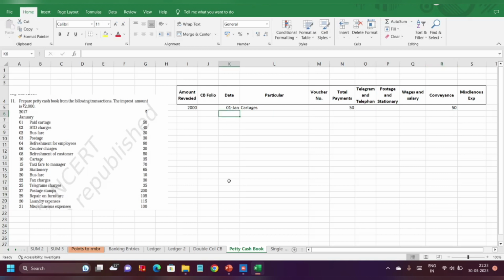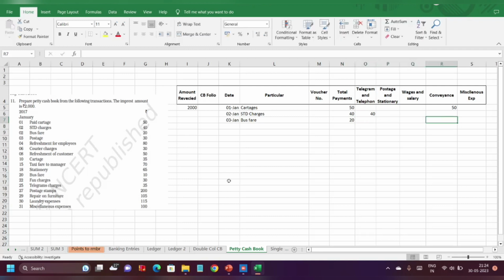Next, on second, it's STD charges, amount of rupees 40, and STD and telephone we will record here. Sorry, it's 40 rupees. Next, bus fare on third, amount of rupees 20.